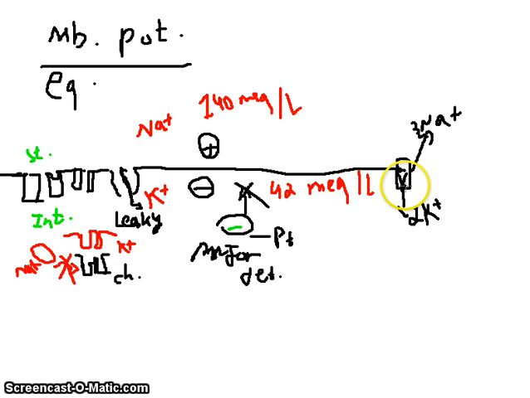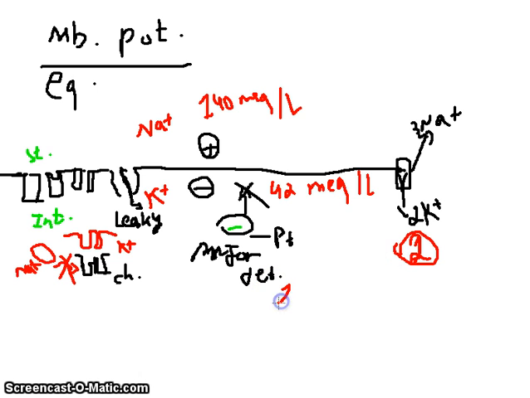So your mechanism, when there's no action potential in the resting state, resting membrane potential, this pump together with the leakage channels maintain this sort of negativity together with the major determinants, the anions. So we've got the pump, this is number 2 actually.